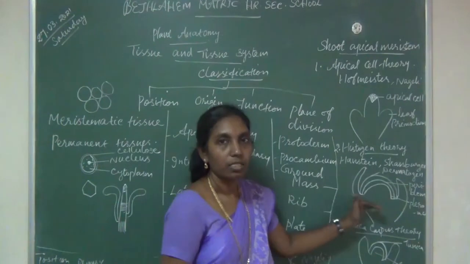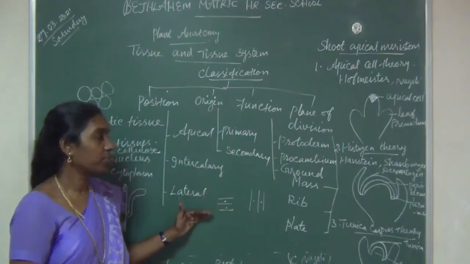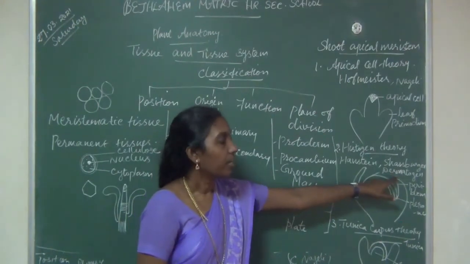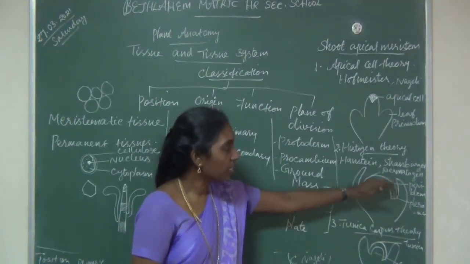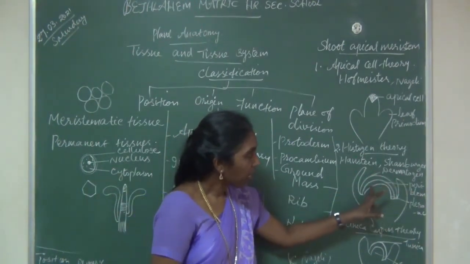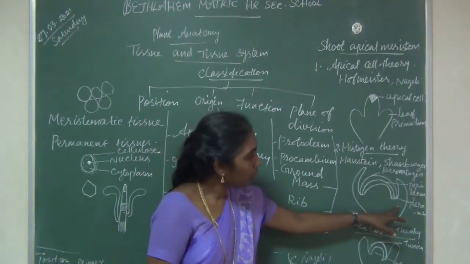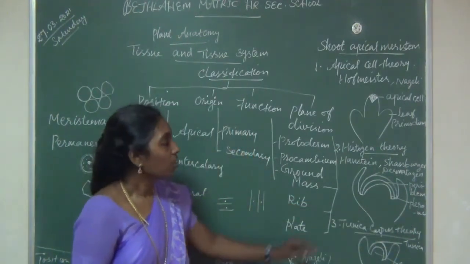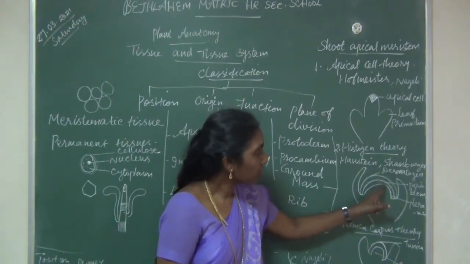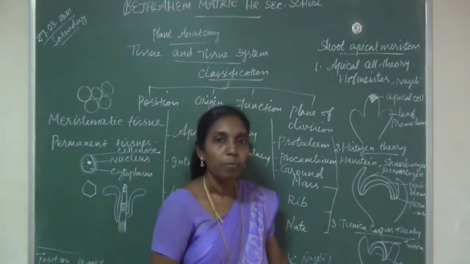The outermost zone is called dermatogen, the middle part is called periblem, and the innermost layer is known as plerome. The epidermis is derived from dermatogen, the cortex region is derived from periblem, and the innermost stellar region is derived from plerome.